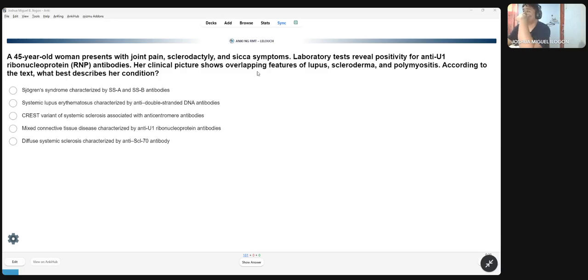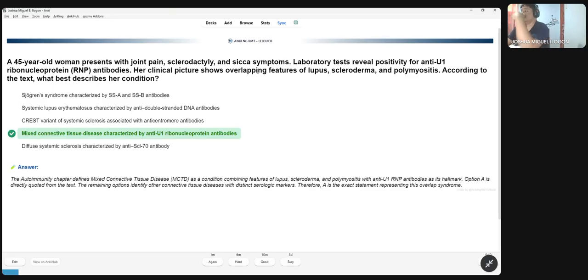Laboratory tests reveal positivity for anti-U1 RNP. So it's overlapped with lupus, scleroderma and polymyositis. Anti-U1. Mixed connective tissue disease. We'll have to go with that for a while. Mixed connective tissue disease.